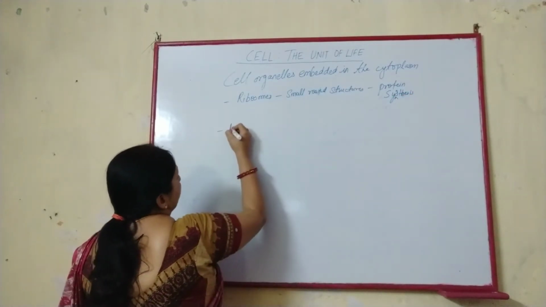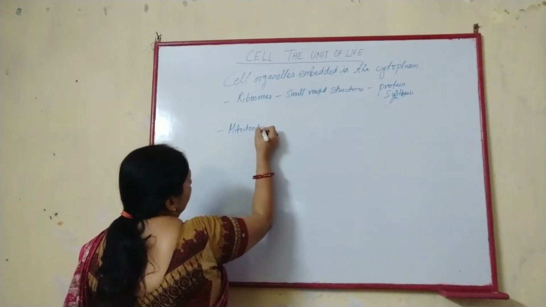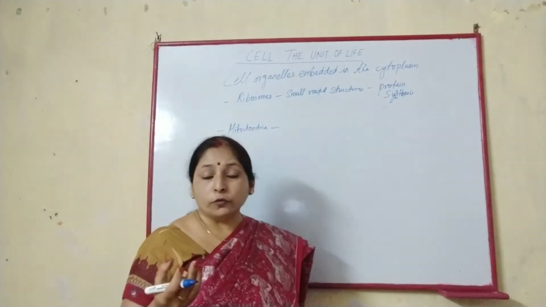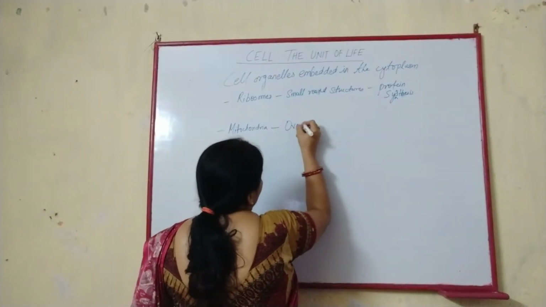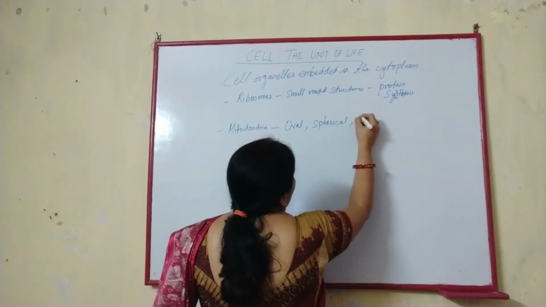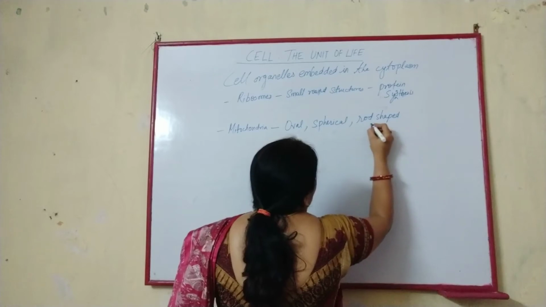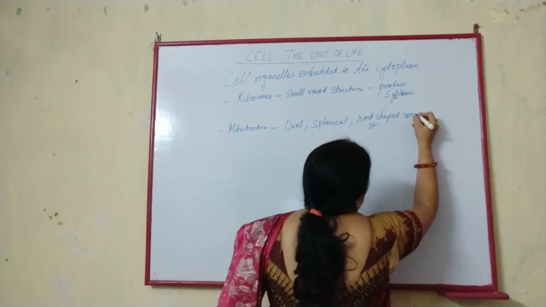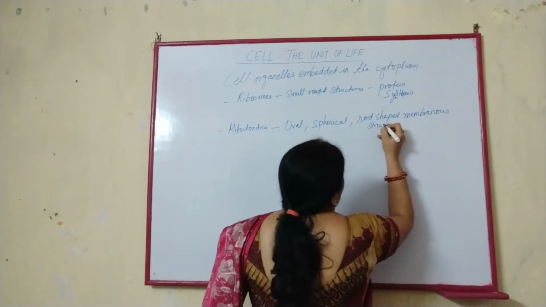Next is the mitochondria. Mitochondria is an oval, spherical or rod-shaped membranous structure.